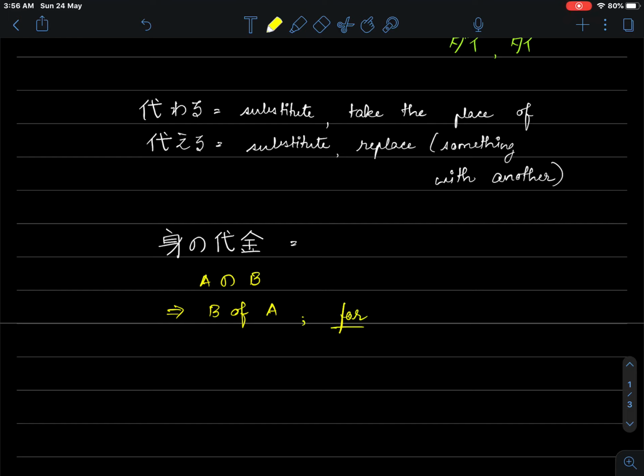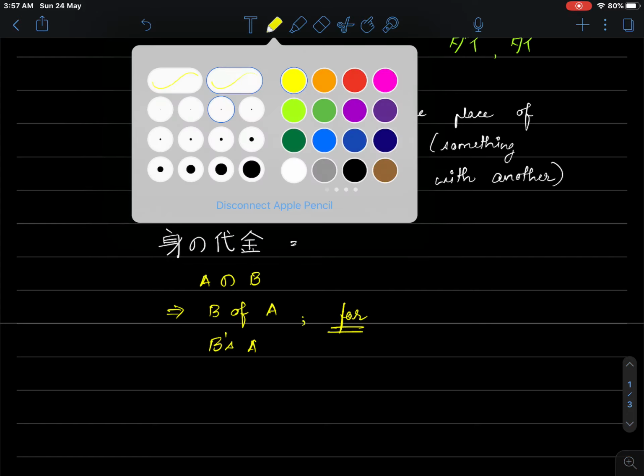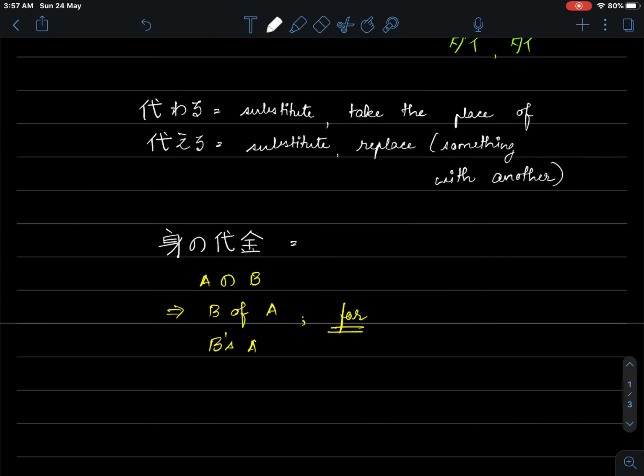And it takes up the meaning of for because of how English works, not because of how Japanese works. Okay, so B of A or B's A. This is how no works.